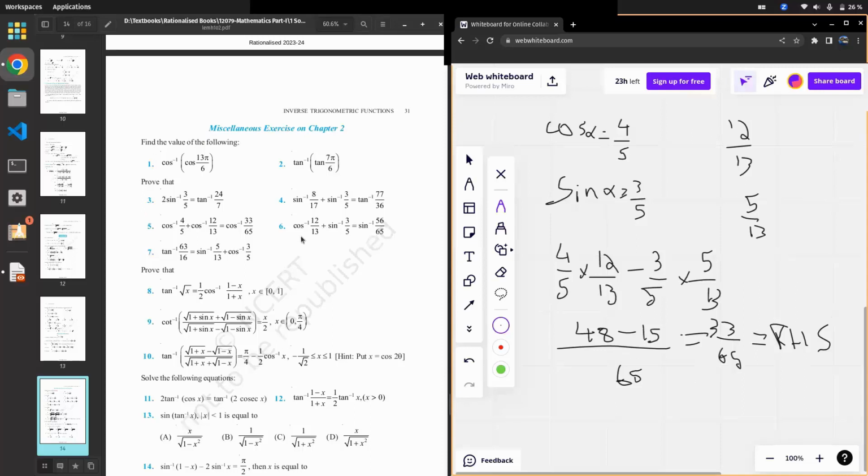So the sixth question is also similar. Here, we first convert the cos inverse of 12 by 13 into sin inverse, as we have done, and it will be equal to sin inverse of 5 by 13. So the problem will be sin inverse of 5 by 13 plus sin inverse of 3 by 5 is equal to sin inverse of something.